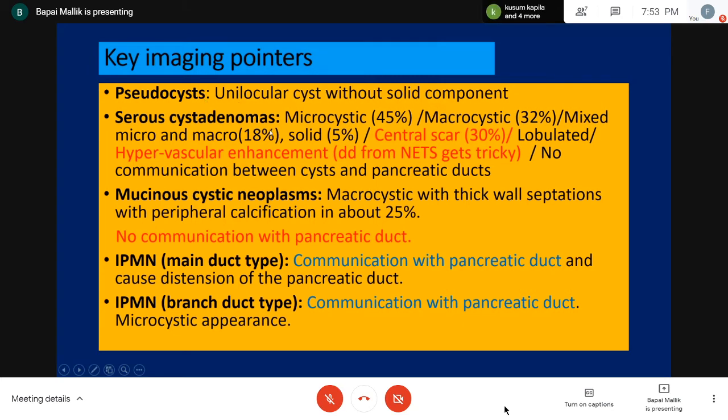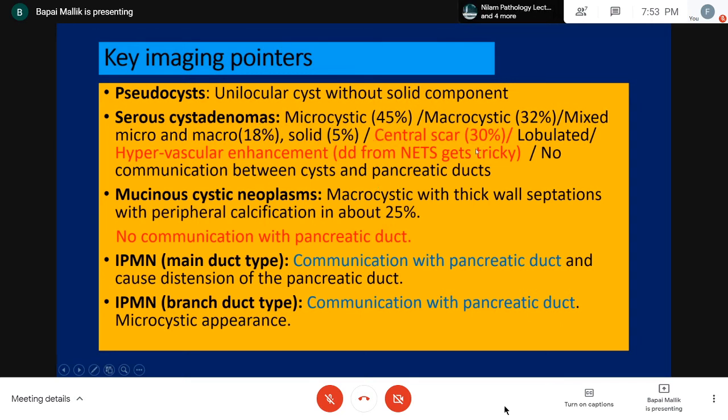Serous cystadenomas: 45% of them are microcystic, whereas 32% are macrocystic, around 18% are mixed micro and macro, and there can actually be 5% solid serous cystadenomas.